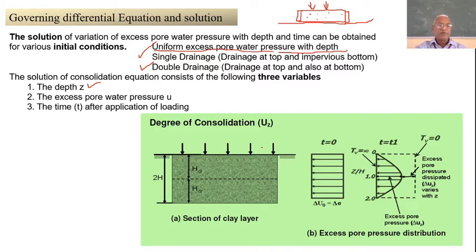If you imagine this is soil in a fully saturated condition, when you apply the load and squeeze it, you can imagine a sponge which is fully wet, and when you apply the load it gets squeezed and water goes out. Here also you can imagine exactly a similar situation.